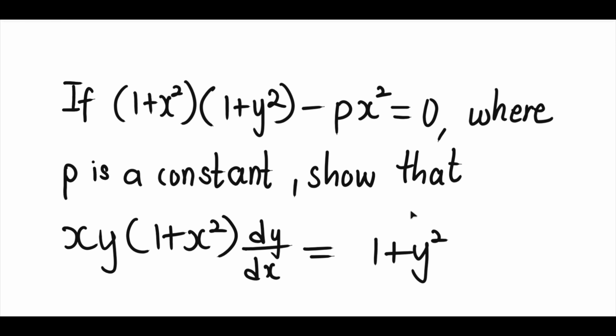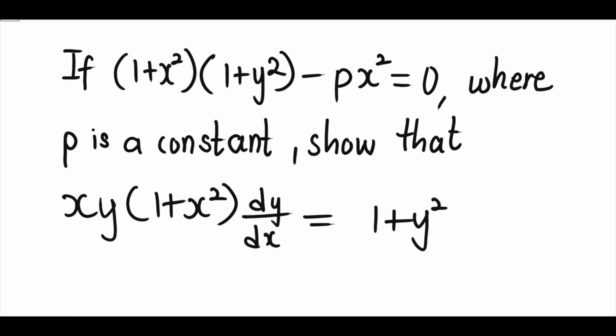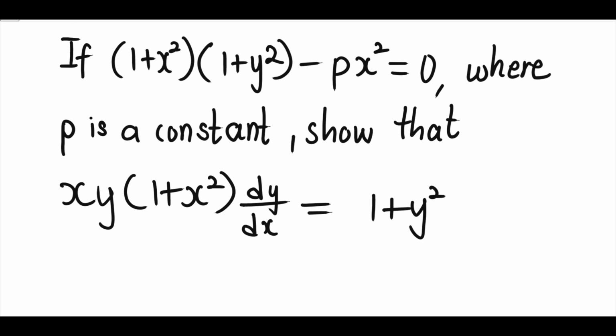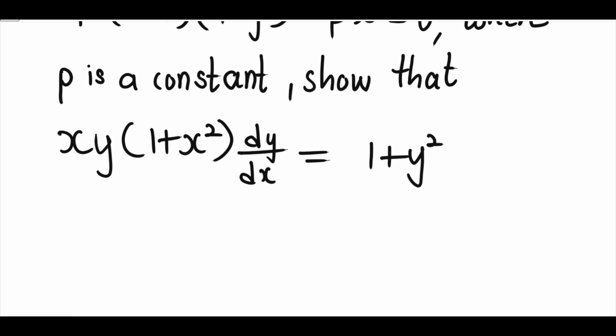All right. So we start with a given implicit function. Let us look at how best we can show that the left hand side is equal to the right hand side.